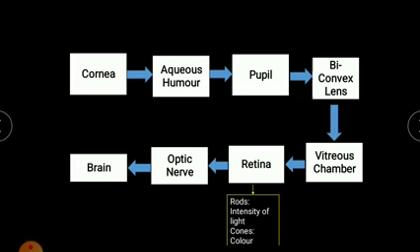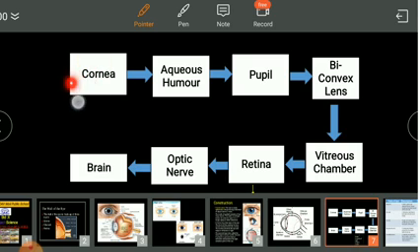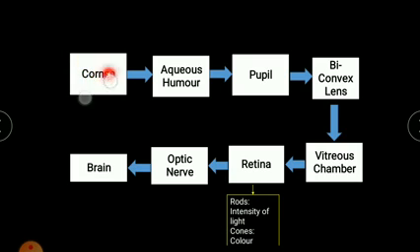I've made a flow chart of it. The light, whatever we are seeing, first travels through the cornea. From the cornea, refraction occurs, and light passes through the aqueous chamber, a fluid-like substance. The refractive index of the aqueous chamber is 1.33. Remember, light does not pass through the iris.